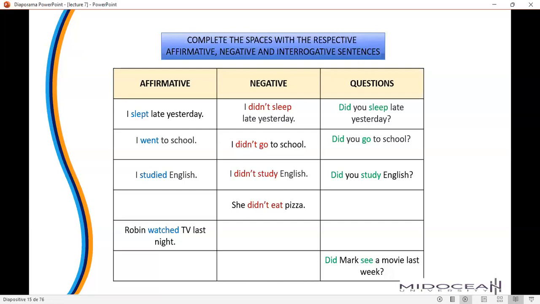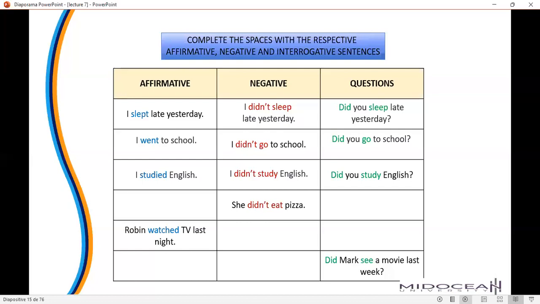Affirmative form: she eat pizza. Are you sure about the answer? Simple past of eat, is it eat? Ate.